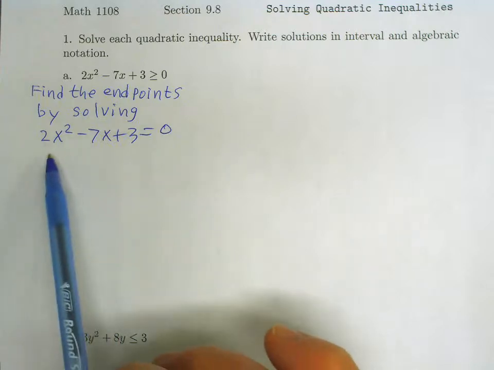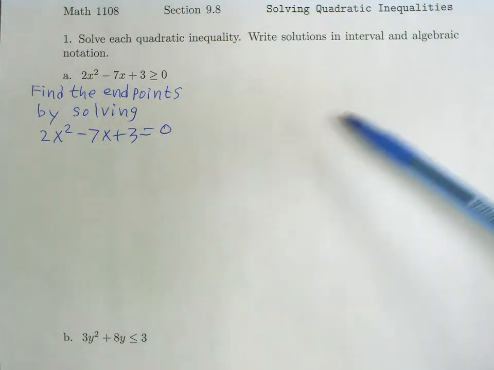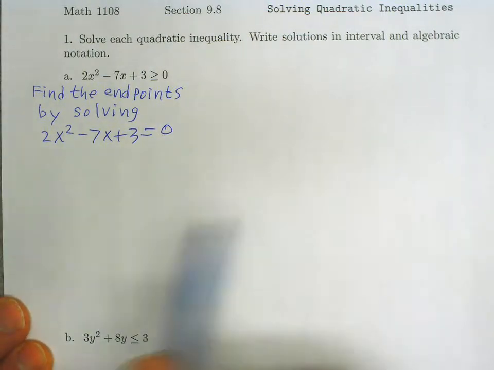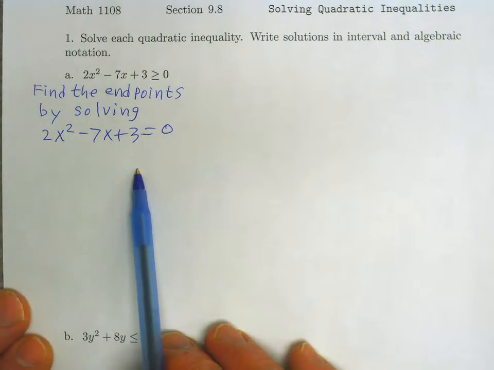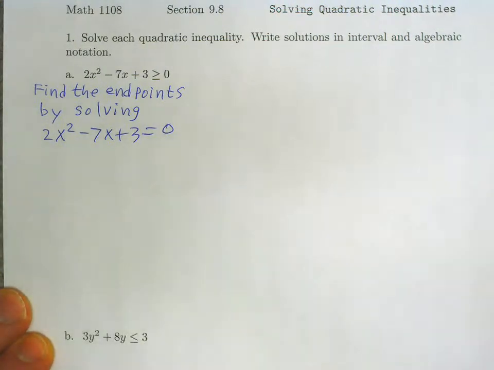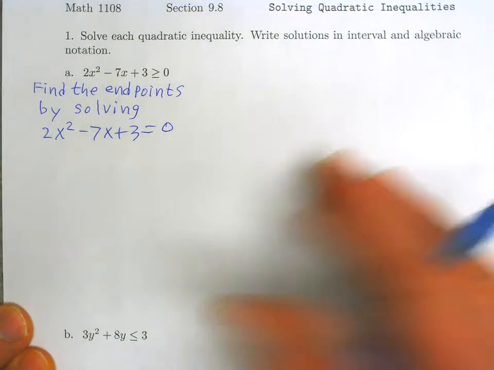If the solutions are real numbers, then those real numbers will divide the number line into separate intervals. Okay, so we can use the quadratic formula. It turns out that you could solve this one by factoring, but let's practice the quadratic formula.